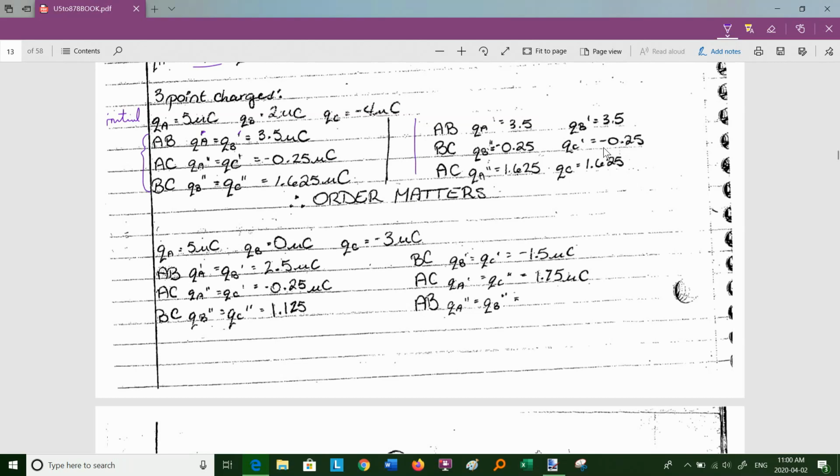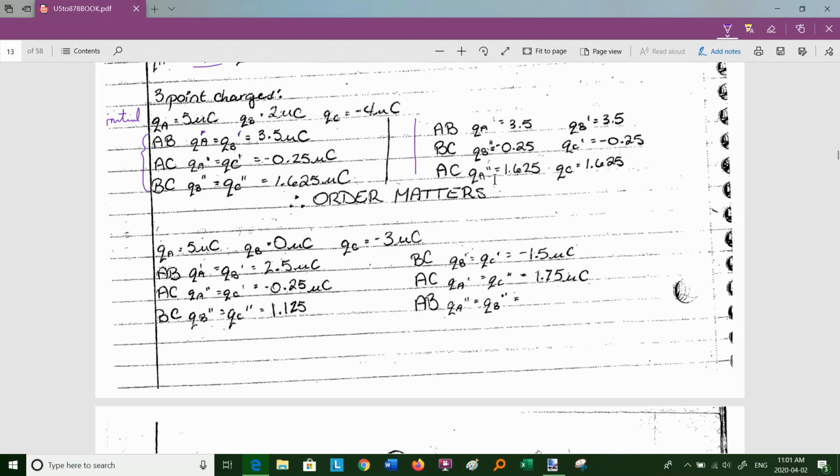And then QA double prime is going to be my most recent value of C, which is -0.25, and A, 3.5 minus 0.25. So 3.25 divided by 2, 1.625. So A double prime, the final value of A, is 1.625. C is 1.625, but B is -0.25.